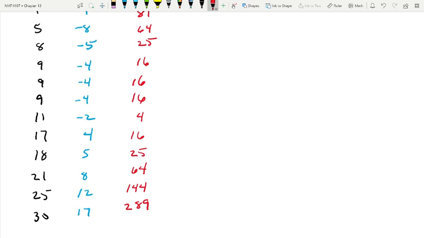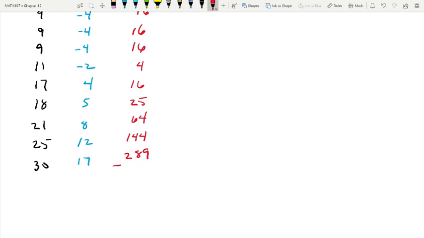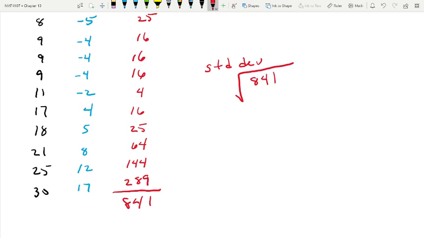And then what we want to do is find this total. So we take all those numbers and we add them up. And I get for this one 841. So my standard deviation then is going to be the square root of 841 divided by the number of items that we had.